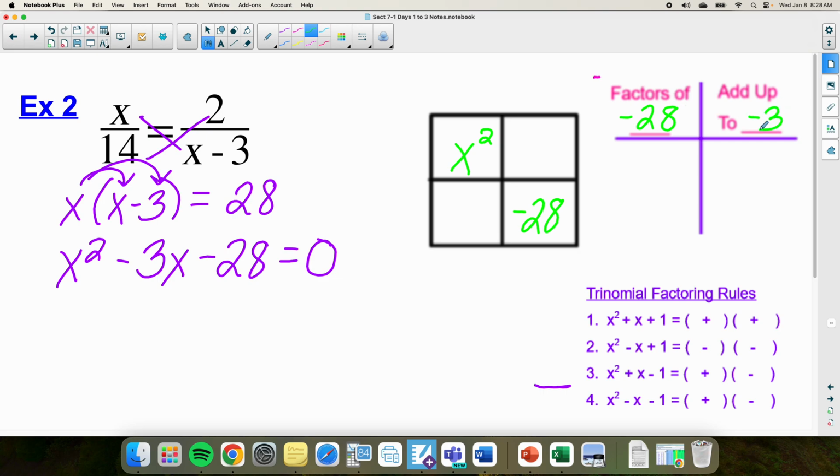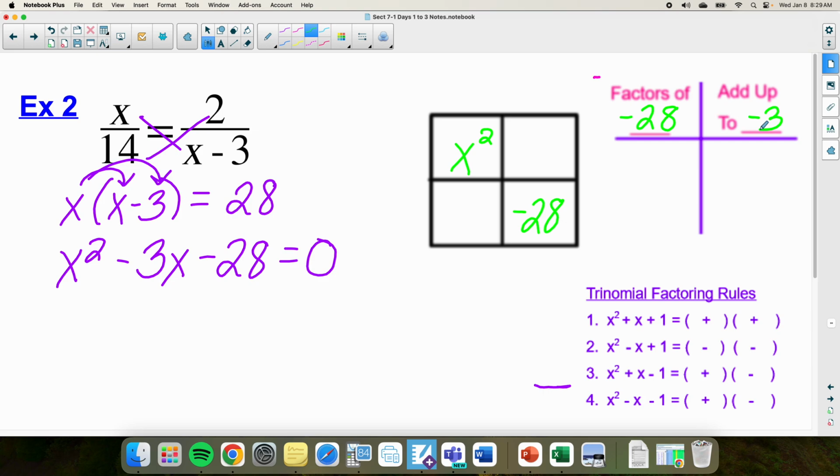Okay? Now, when it's negative, that means one of your numbers for multiplying is going to be positive. One's going to be negative. Okay? Just a little hint, if this one is also negative, what that means is your bigger factor, like if you went 10 times 2, your bigger factor would be the negative 1, okay?